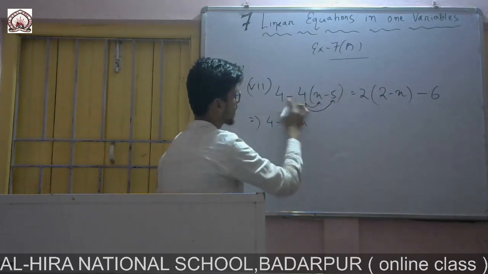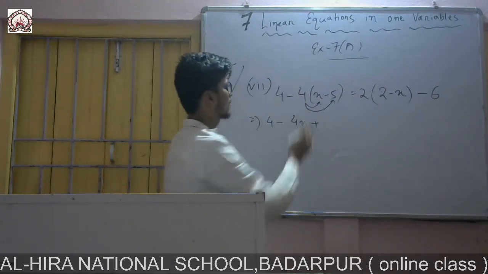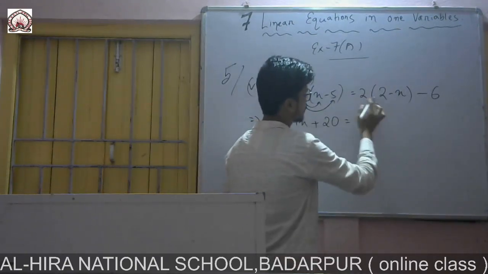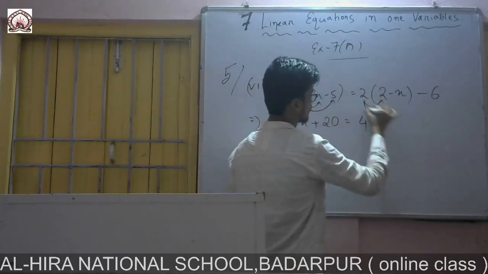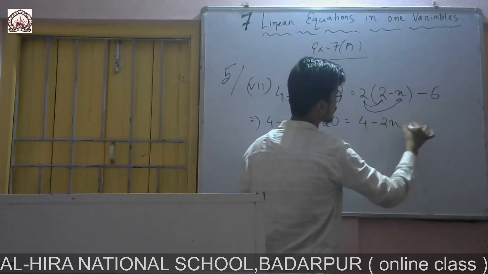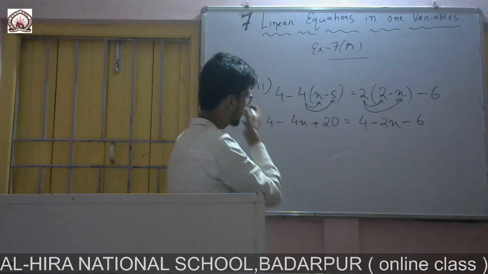You see minus minus it will be plus. 4 5s are 20 equals, then again with 2 I will multiply this one. 2 2s are 4, then again with 2 they are minus plus it is minus. 2 into x is 2x minus 6. So let me solve this part.